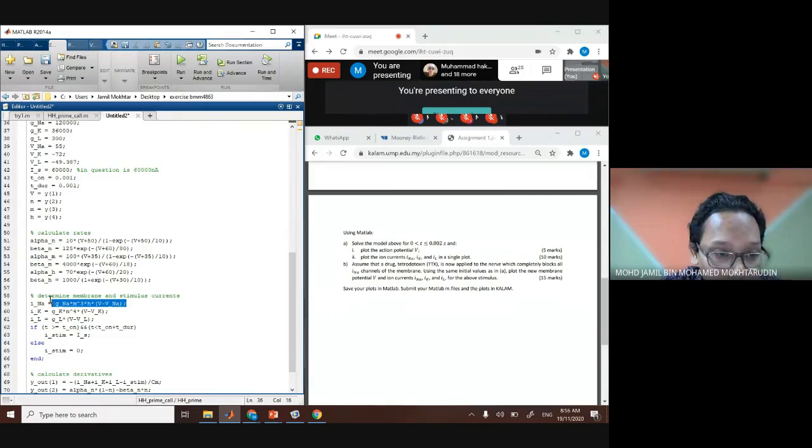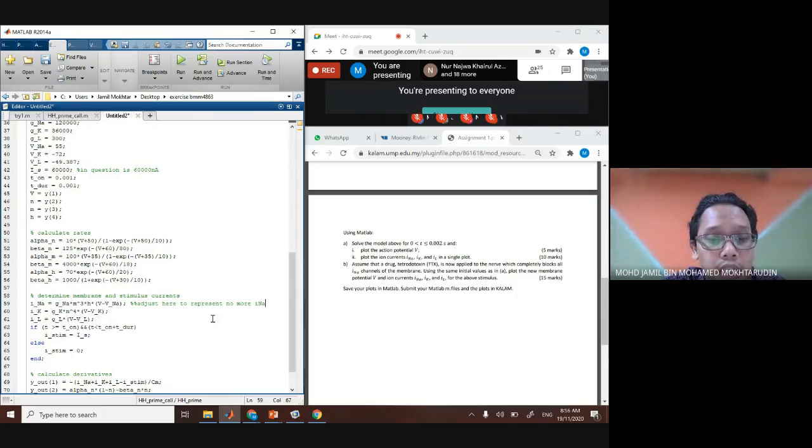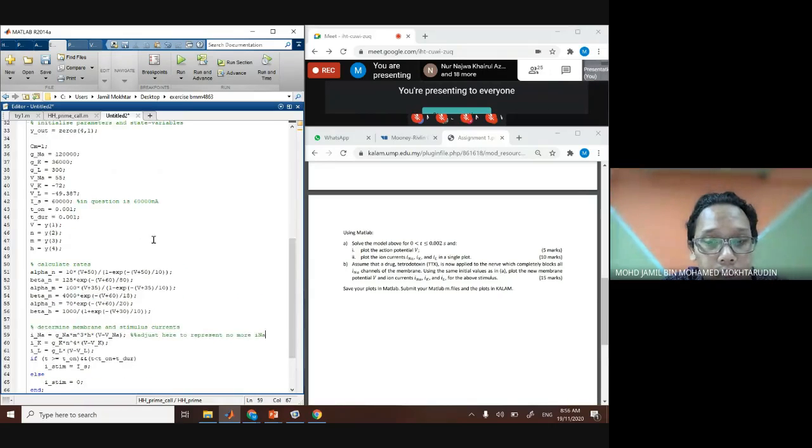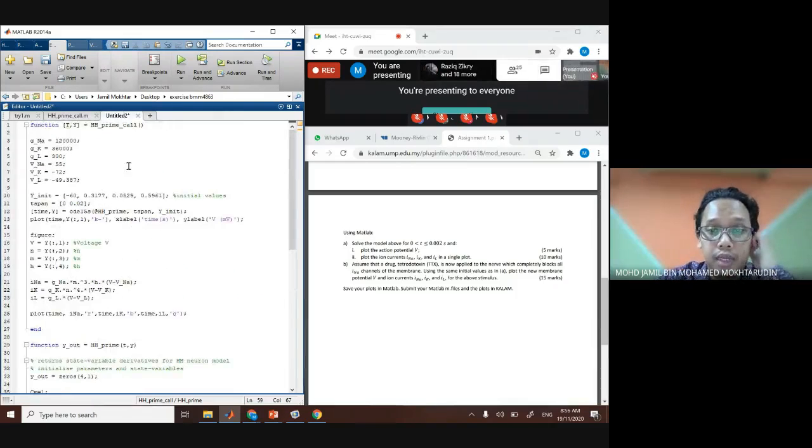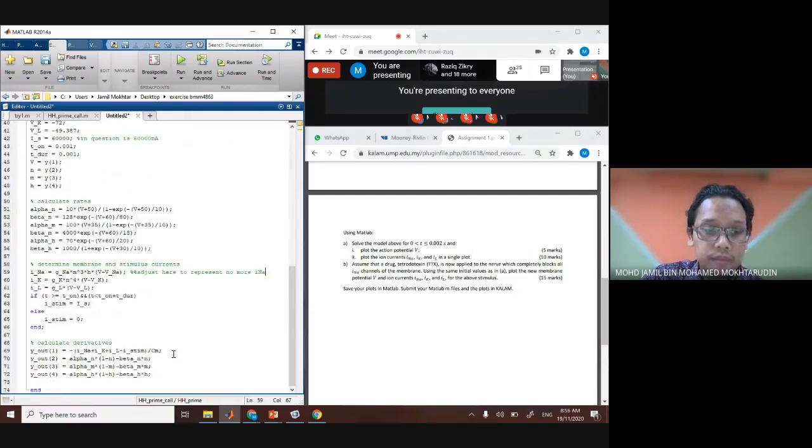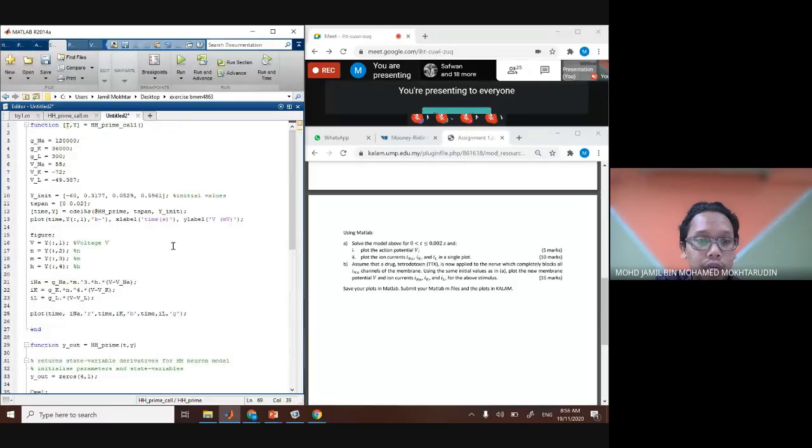So ni sodium current. So kena adjust kat sini, okay? Adjust here to represent no more sodium current. Jadikan dia macam tu, kenalah fikir sikit. Okay, lepas tu plot, dia akan keluar balik plot yang macam question A tadi. Okay, tu clue untuk question 2A.